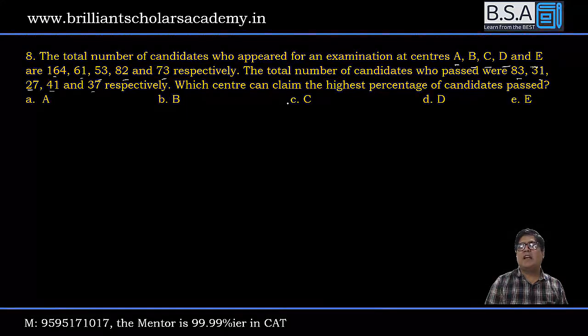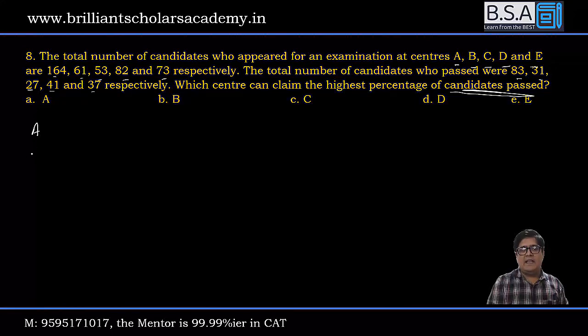Which center can claim the highest percentage of candidates passed? Which center has the highest pass percentage? These second numbers are passing values. First numbers are people who appeared for the exam. We want the highest pass percentage. So it's a comparison of ratios. The higher the ratio, the higher the percentage.